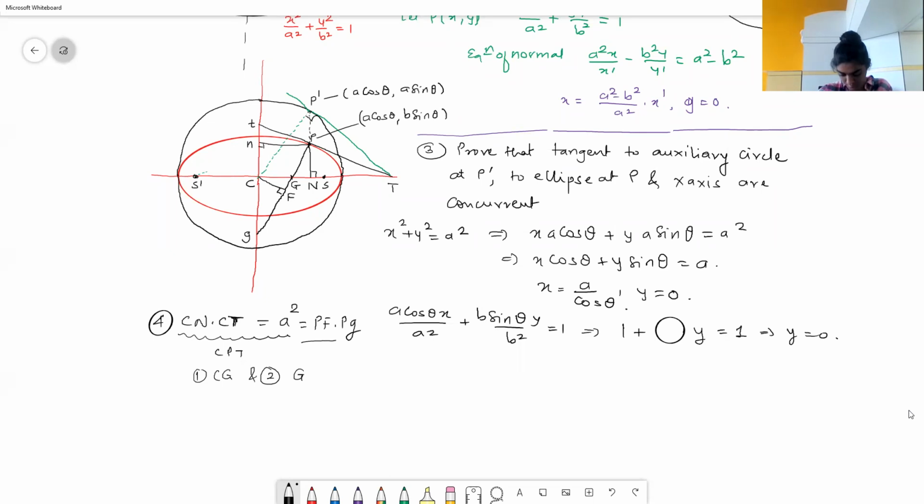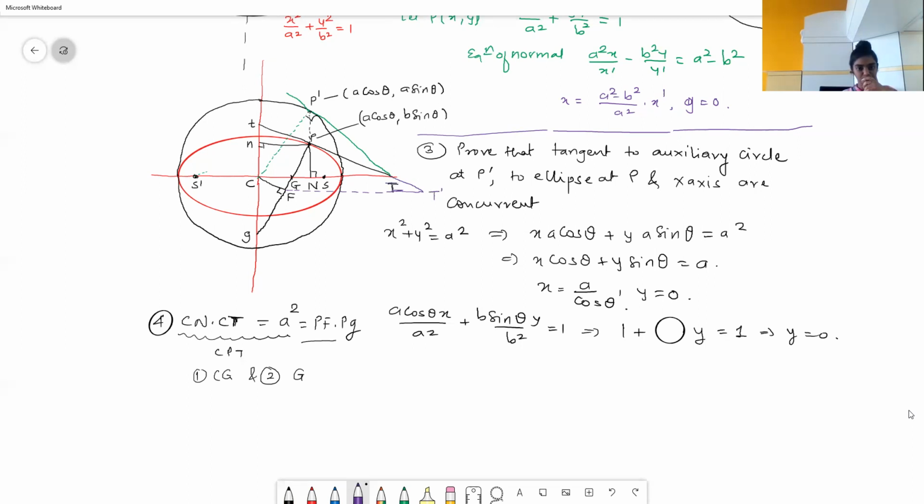Now I will do additional construction, which is draw a line from F parallel to the x-axis and stop at T dash.